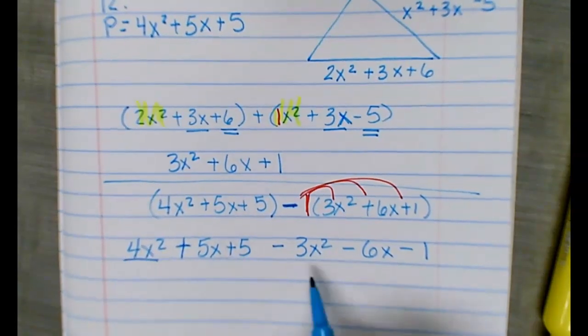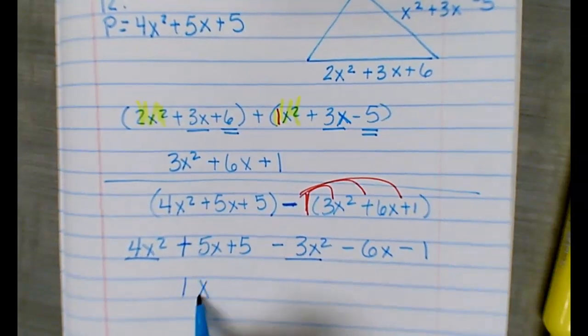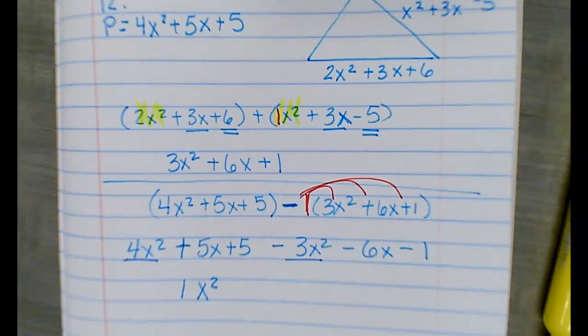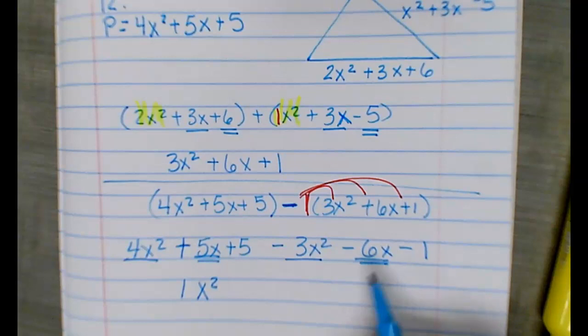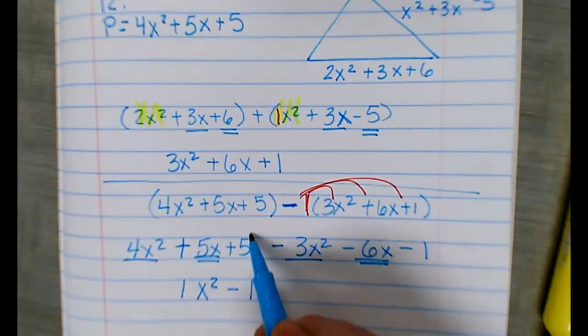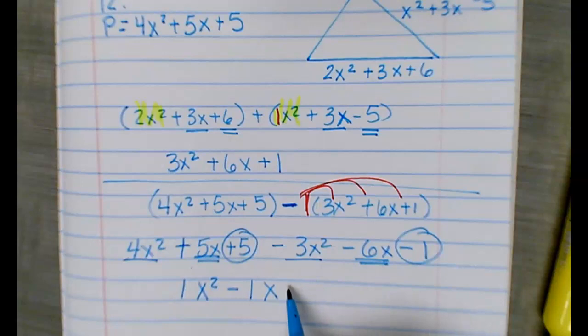So this is a like term and this is a like term. 4 subtract 3 would be 1x squared. This is a like term and this is a like term. 5 subtract 6 would be a negative 1x. 5 subtract 1 would be a 4.